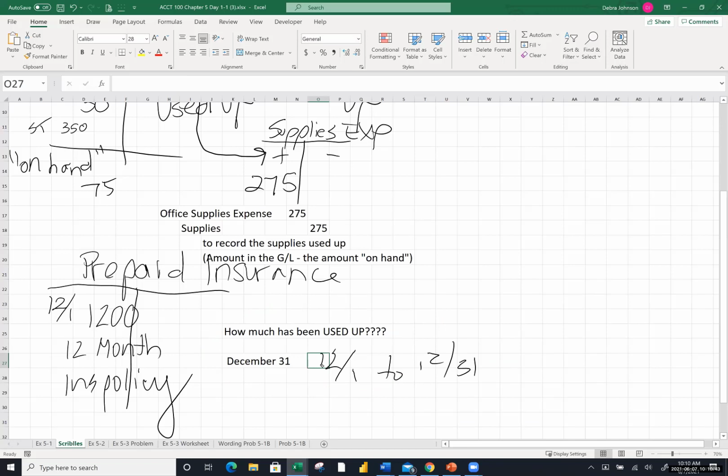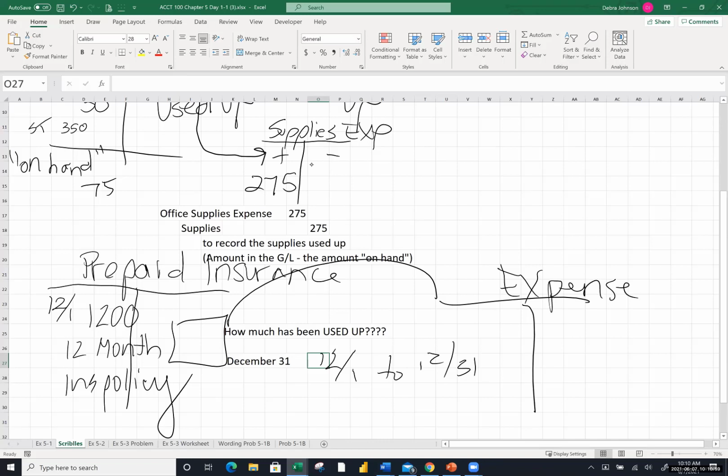And so the adjustment, just like it was on the supplies account, is going to be to take it out of the asset and throw it into an expense. What kind of expense? Well, in this case, since we're talking about prepaid insurance, this would be insurance expense.